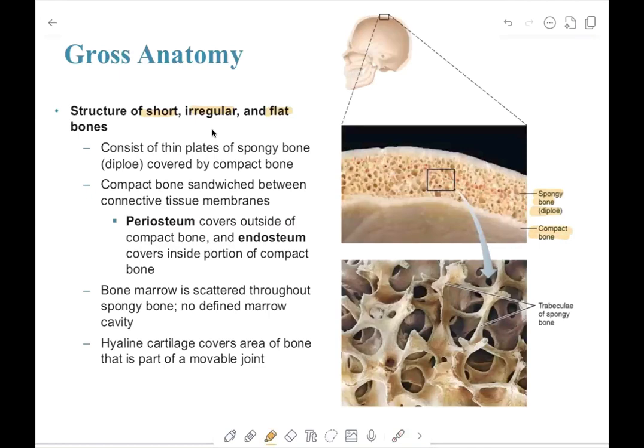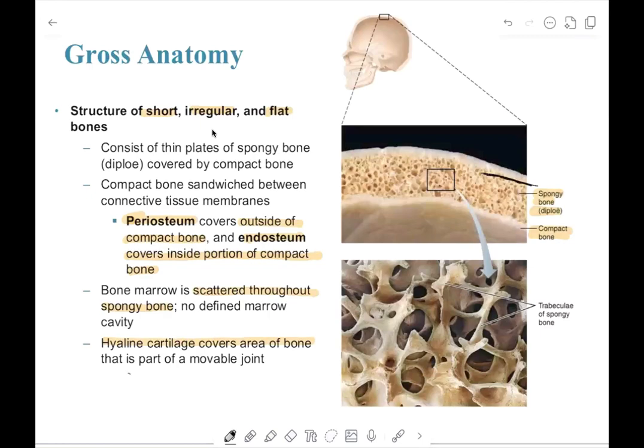The periosteum, which remember was a term for just bone, covers the outside of the compact bone. And the endosteum would cover the inside portion of the compact bone. It's basically the membrane that is located between the compact bone and the spongy bone. As you saw from the previous slide, bone matter is scattered throughout the spongy bone, and hyaline cartilage covers the ends of that bone.